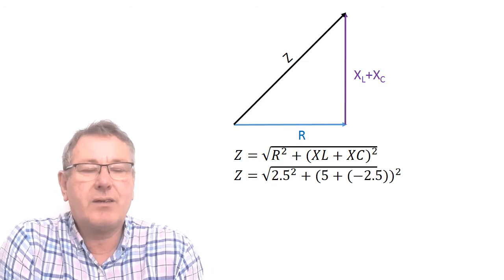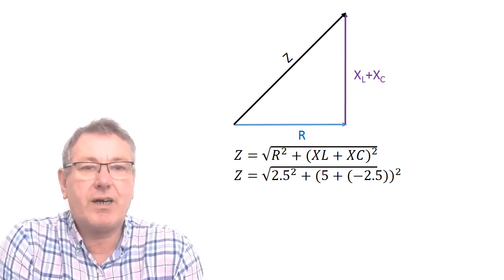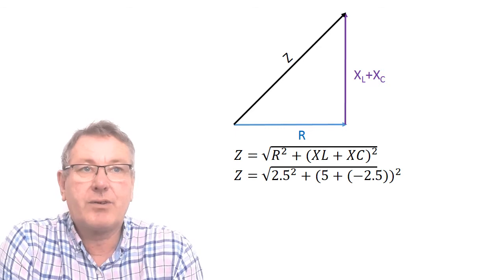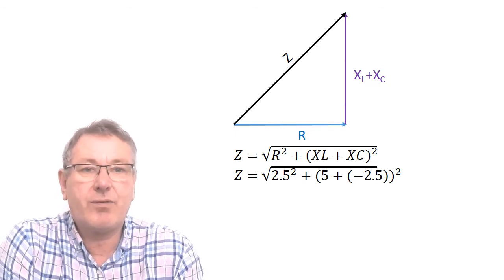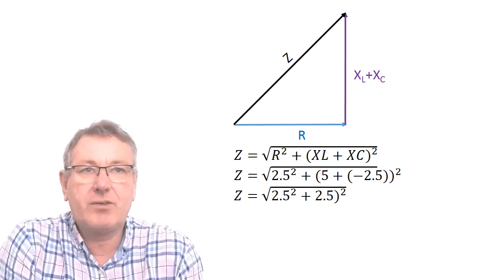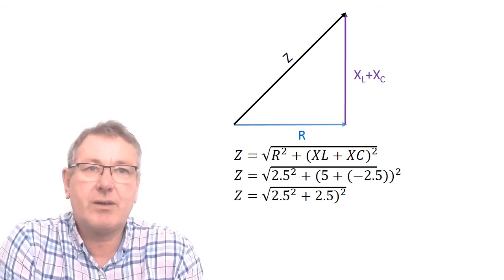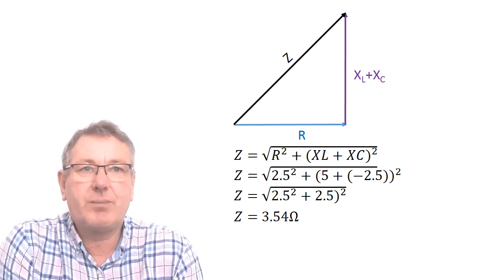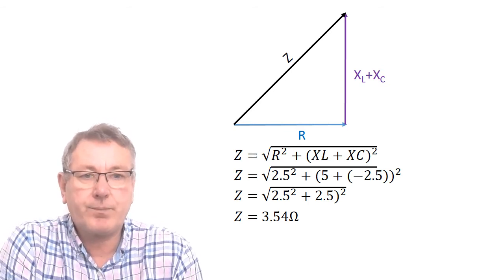Now we know that XC is negative, so impedance equals the square root of 2.5 squared, that's the R, plus (5 plus minus 2.5) squared. So Z equals the square root of 2.5 squared plus 2.5 squared, so Z equals 3.54 ohms.